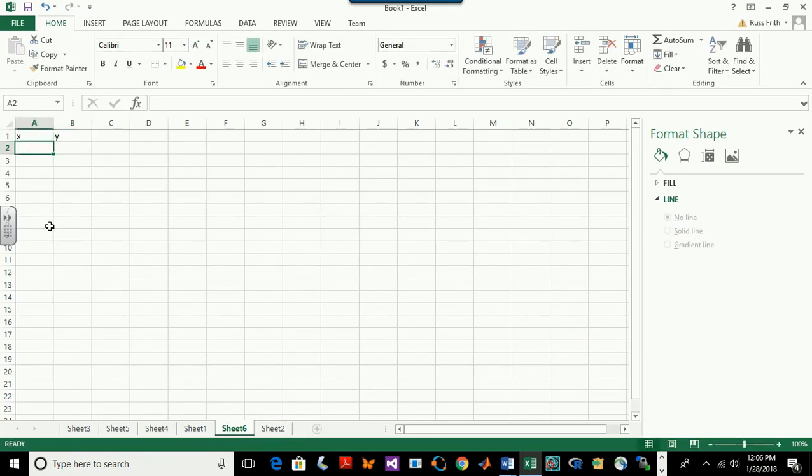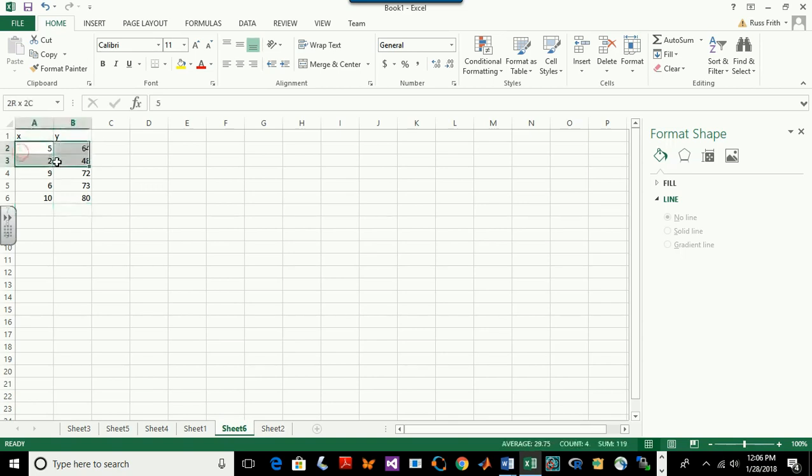My x values are 5, 2, 9, 6, and 10. And my y values are 64, 48, 72, 73, and 80.